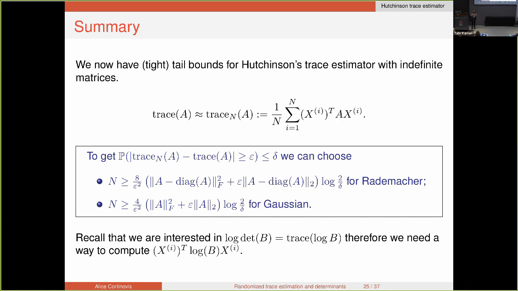Recall that we were interested in computing the determinant of a matrix via this formula, so that the log determinant of B is the trace of the logarithm of B. So we want to compute these quadratic forms where A is the logarithm of B. We need a way to compute this ξ transpose times the logarithm of B times ξ.